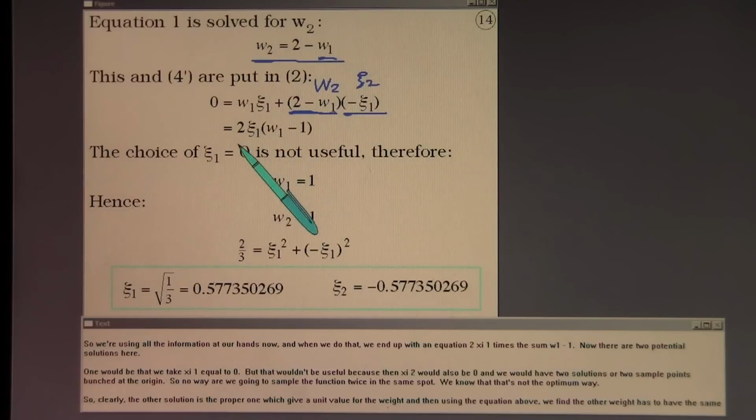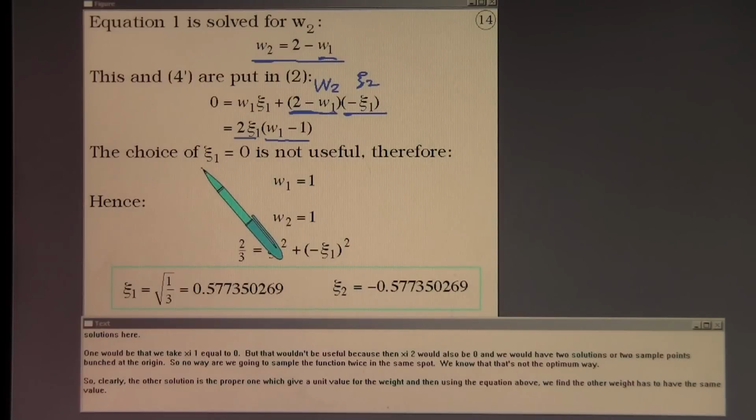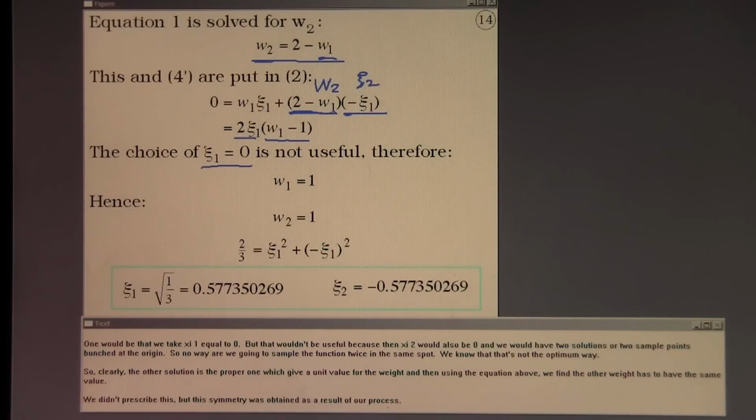So we're using all the information at our hands now. And when we do that, we end up with an equation 2C1 times the quantity W1 minus 1. Now, there are two potential solutions here. One would be that we take C1 equal to 0. But that wouldn't be useful because then C2 would also be 0, and we would have two sample points bunched at the origin.